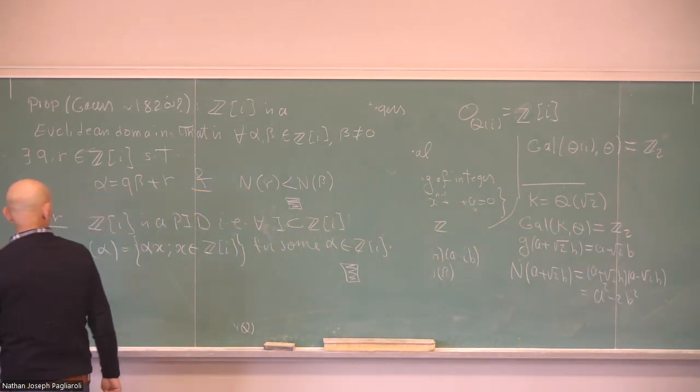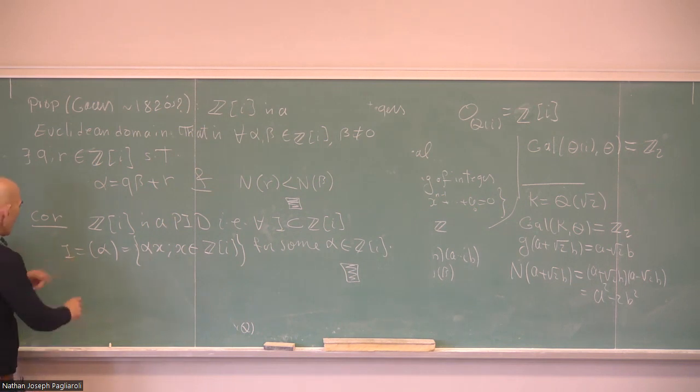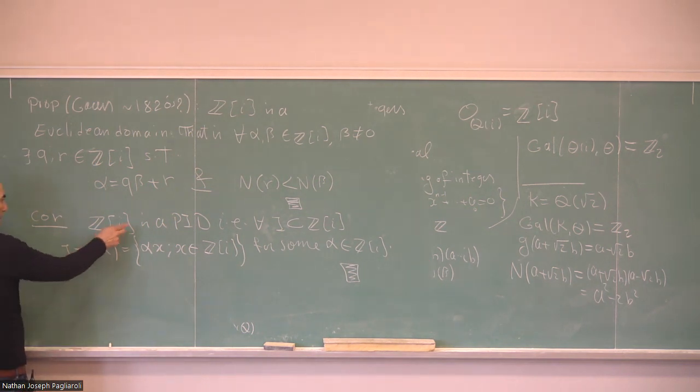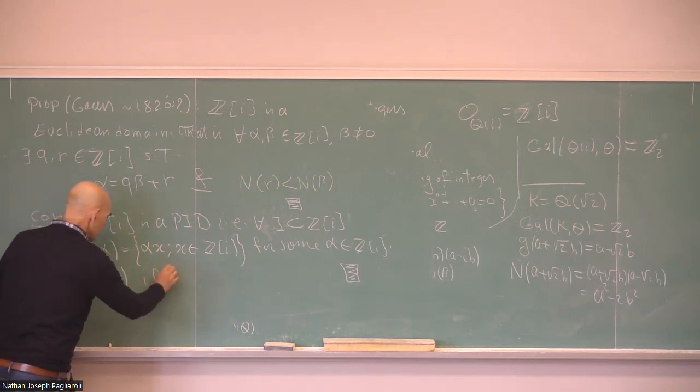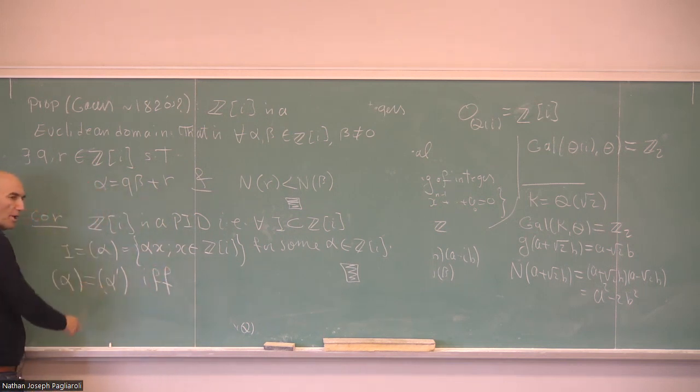Good. So now, it's also easy to see when two principal ideals are the same. It's important to know when two principal ideals are the same. You cannot say alpha is equal to alpha prime.